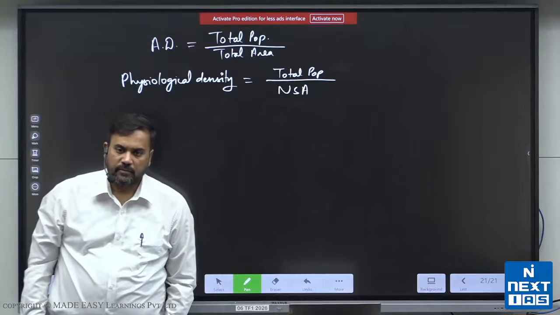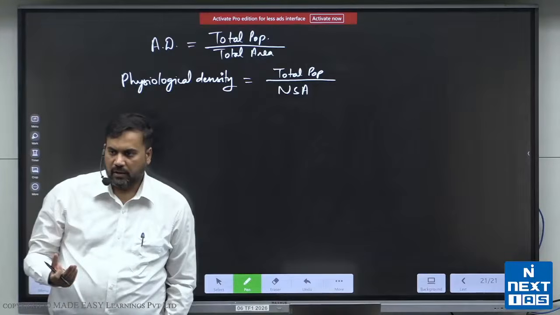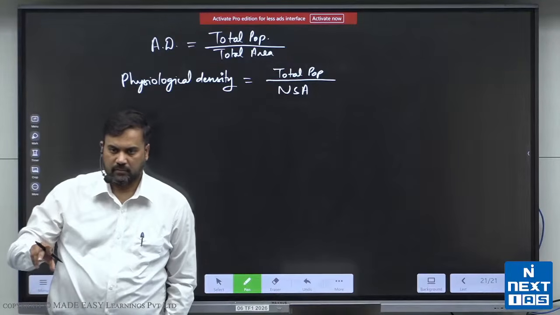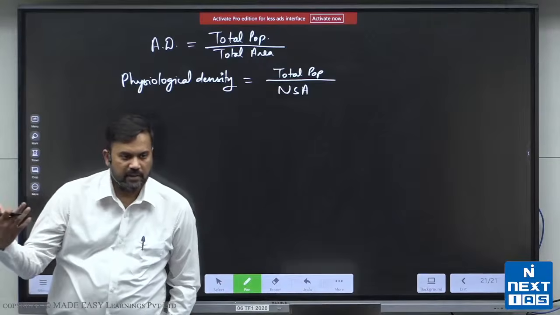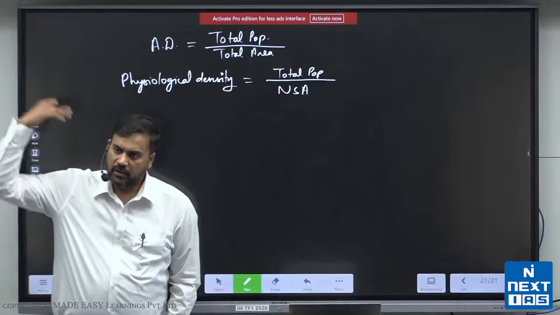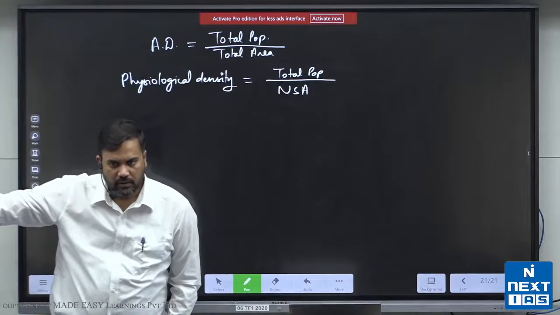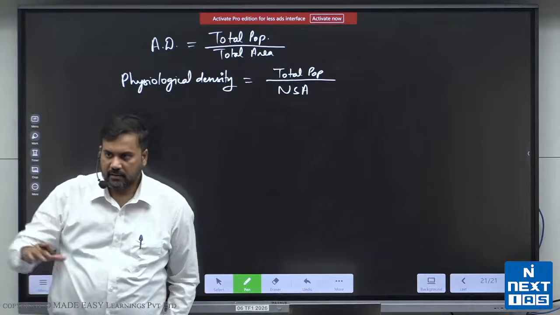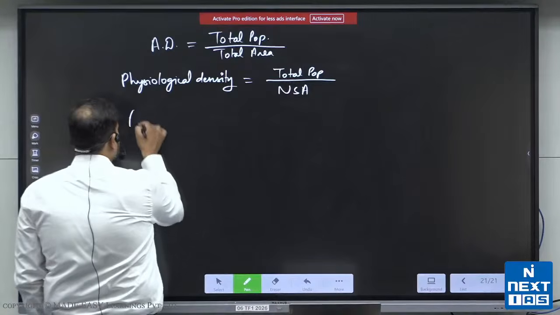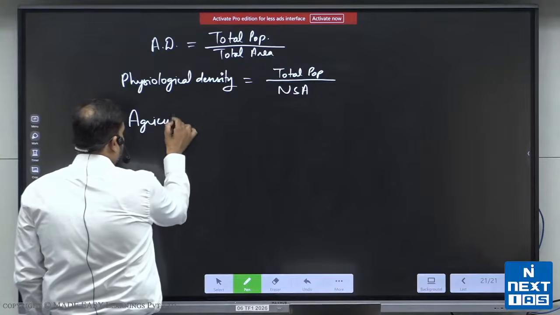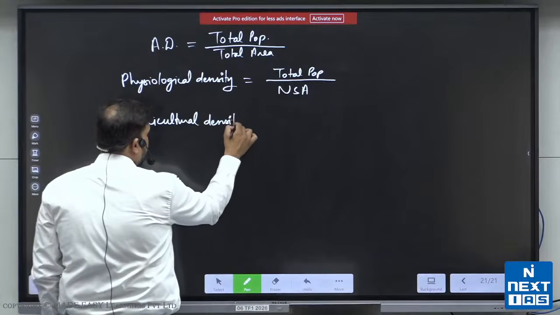Now some scholars say that in this you are over-exaggerating the pressure of population, because some of this population may be urban, dependent upon resources from elsewhere like imports of food, so it doesn't tell the actual pressure. So they have given another conception, which we call agricultural density.